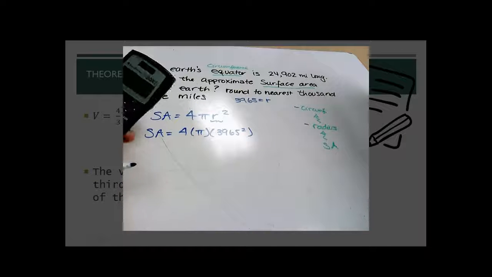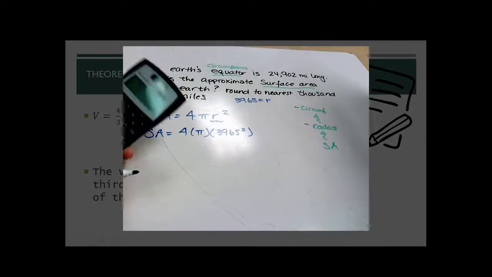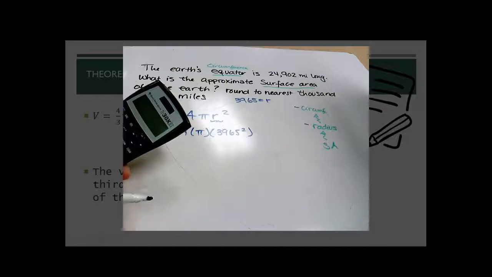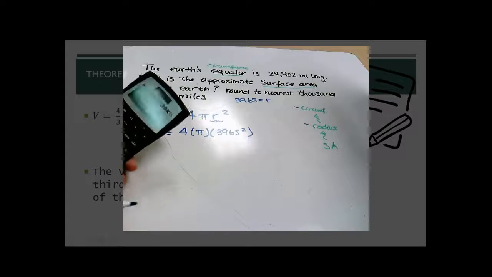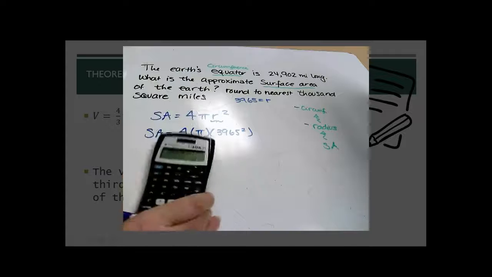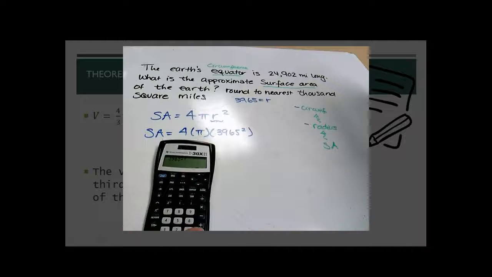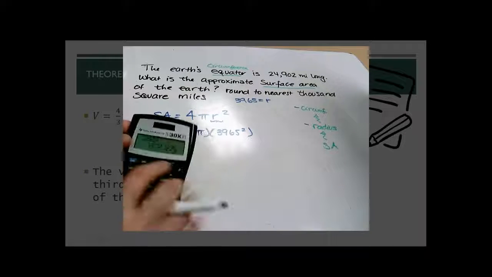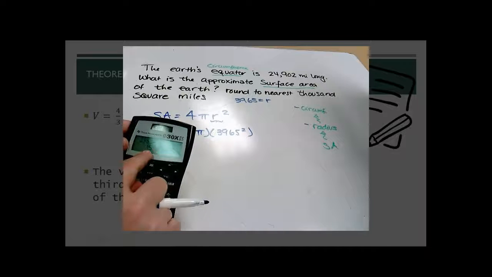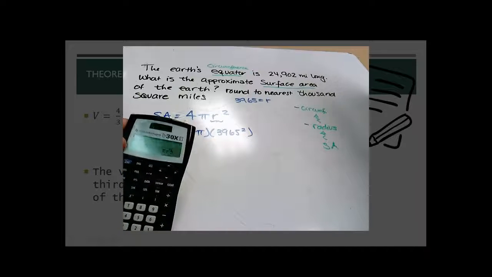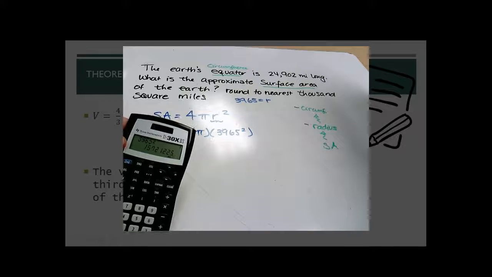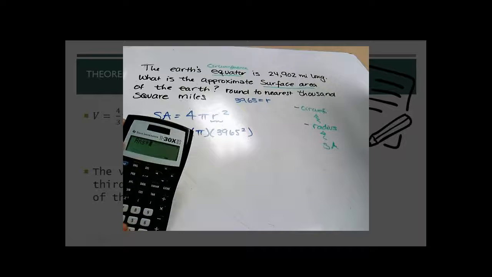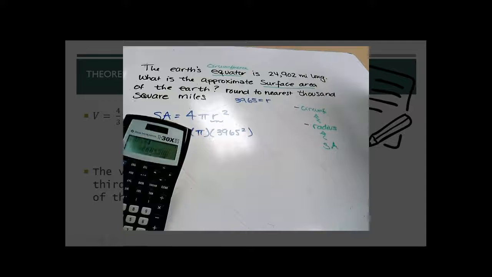Let's square that first. So we should take the 3965 and square it. My calculator has a nice little square key right there, if you guys didn't see it. So that gives me an answer of 15,721,225. Right? And then I want to take that answer times 4, and then that answer times pi.